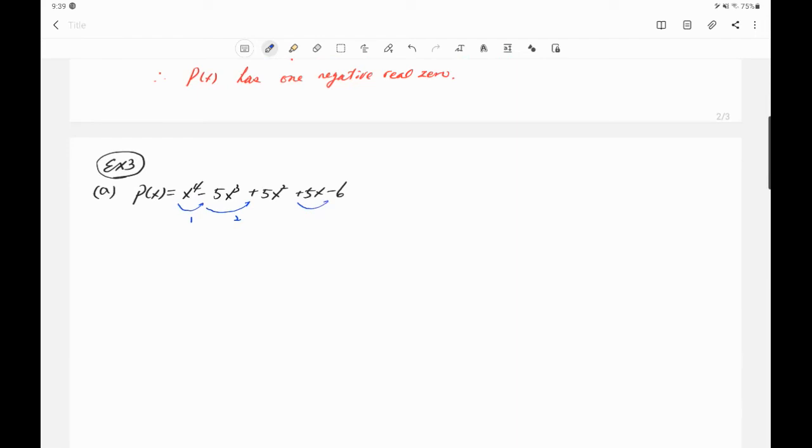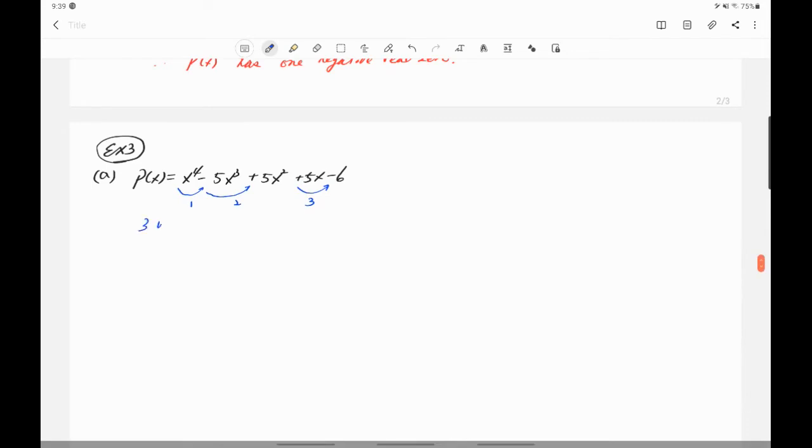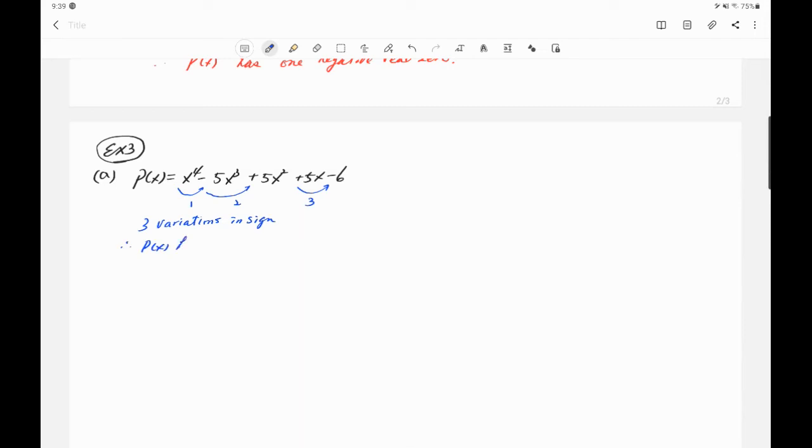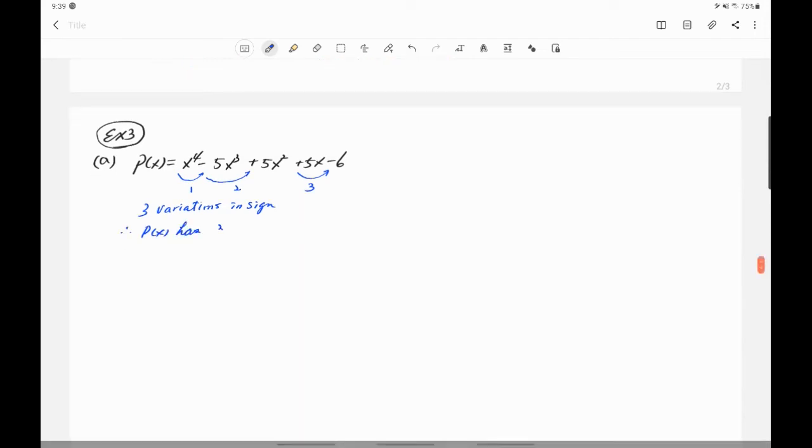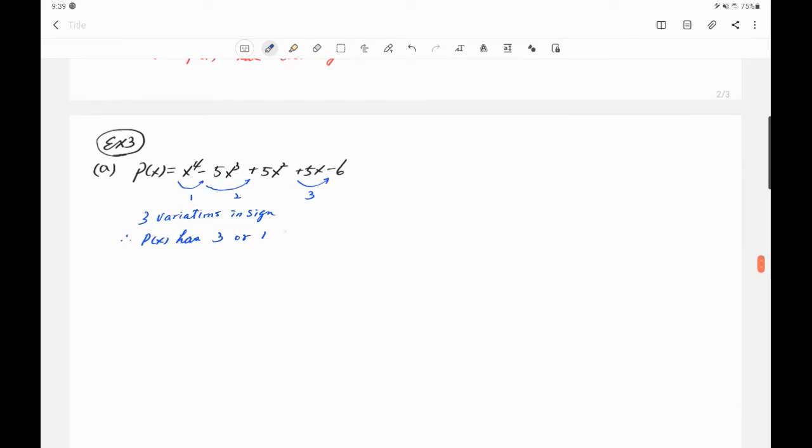And plus to minus, another one. So there are 3 variations in sign. Therefore, P of x has 3 or 1 possible positive zeros, right?